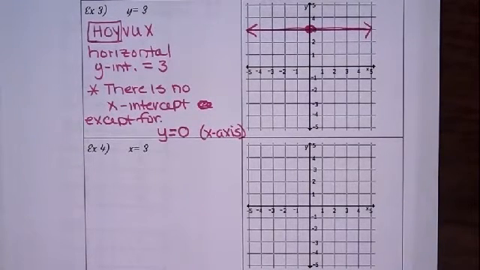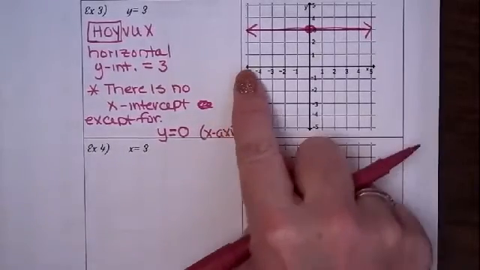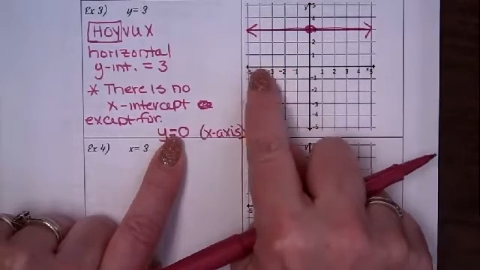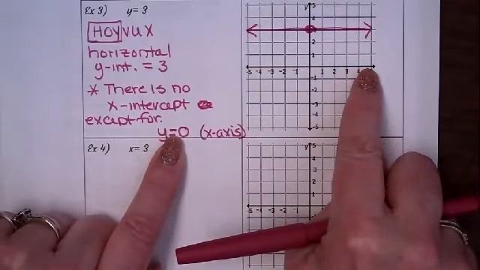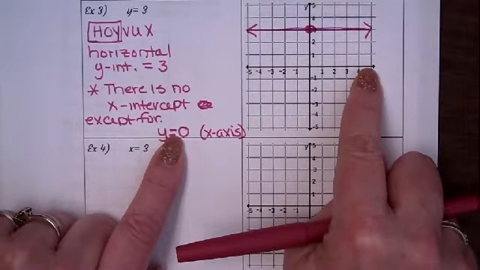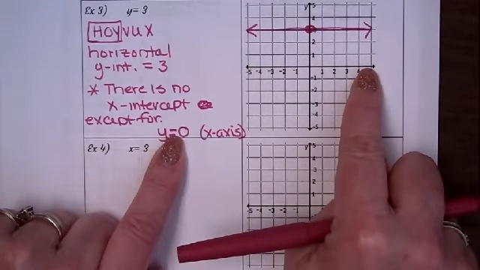Okay? So every horizontal line has only a y-intercept, no x-intercept, unless your horizontal line actually is y equals 0, which is the x-axis. Then it does have an x-intercept. Every point on the axis is an x-intercept.